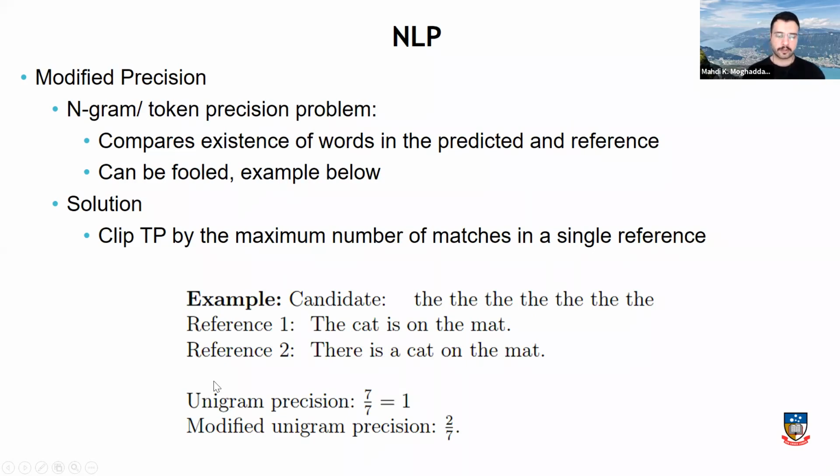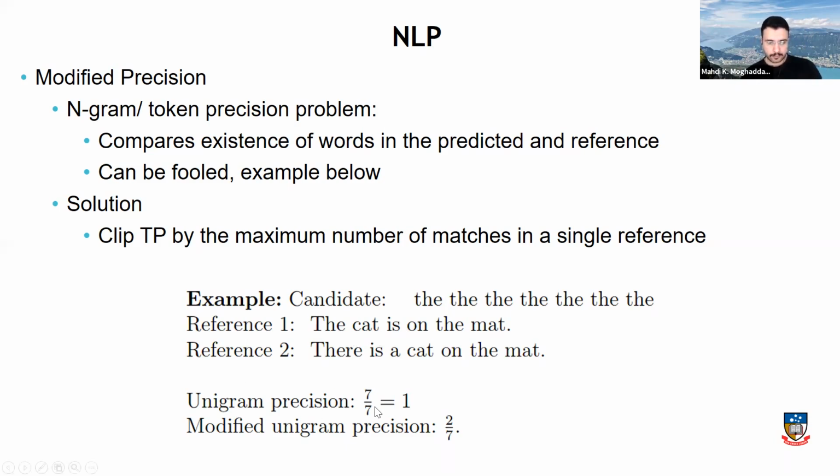Imagine you're using unigrams, then it basically is counting the number of true positives. And as I mentioned, if your predicted word exists in one of those references, it is considered a true positive. And you should basically instantly see that this is a big problem, because you're just comparing the existence of words, not their location, not the proper usage of grammar or everything else.